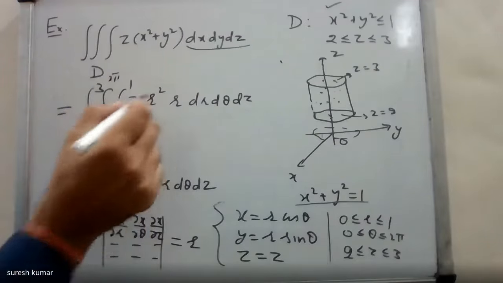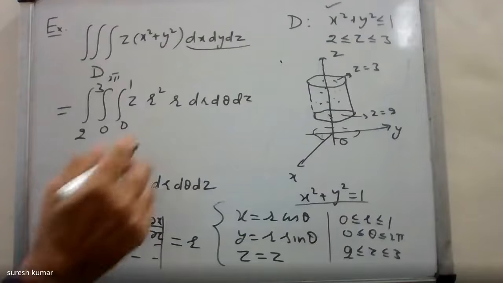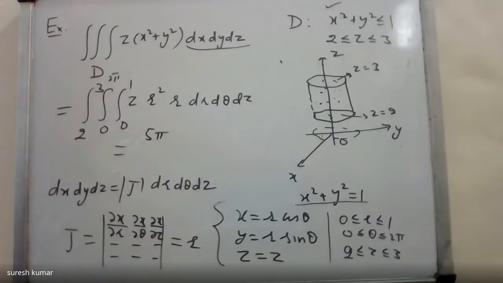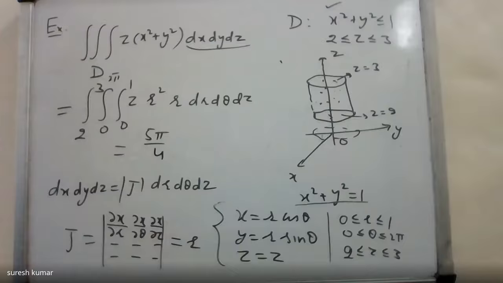Now it is a simple triple integral that you can solve yourself. I'm writing the answer for you. Verify it. The answer for this problem is 5 pi over 4.